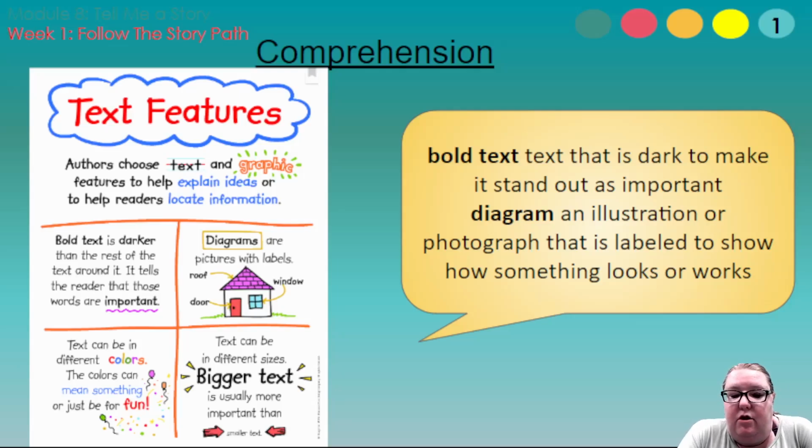One is bold text. They will need to know that bold text means whatever they're looking at is important. They'll also be using a diagram, which is an illustration or a photograph that is labeled, to find information on their weekly assessment. They will use those two pieces.